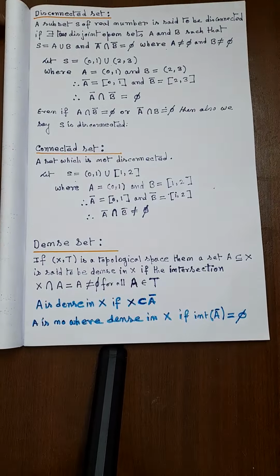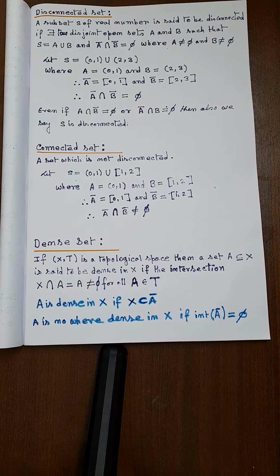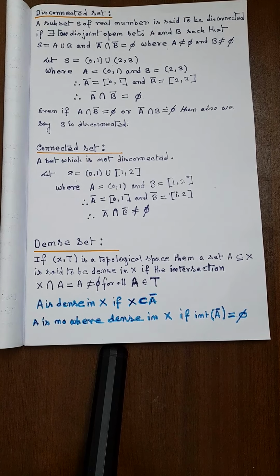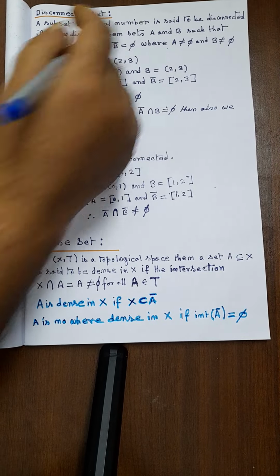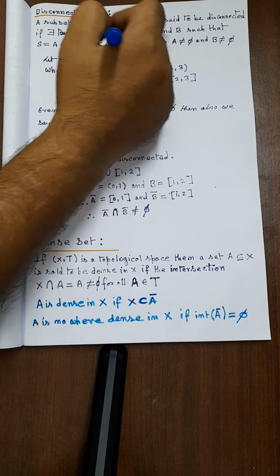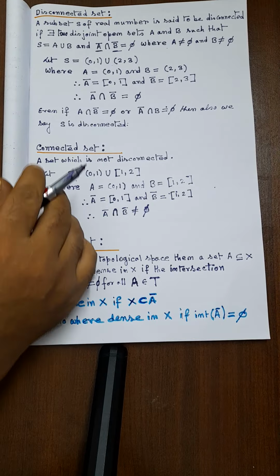Now what is a disconnected set? A subset S of real numbers is said to be disconnected if there exist two disjoint open sets. What is a disjoint set? I explained on the last page. Two disjoint open sets A and B such that S equals A union B, and what are these?